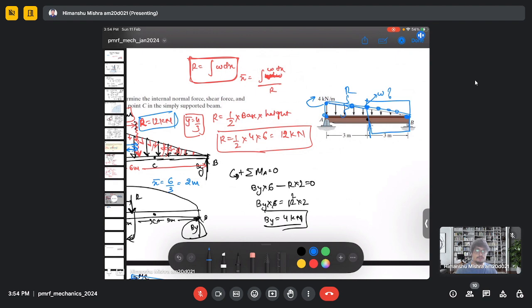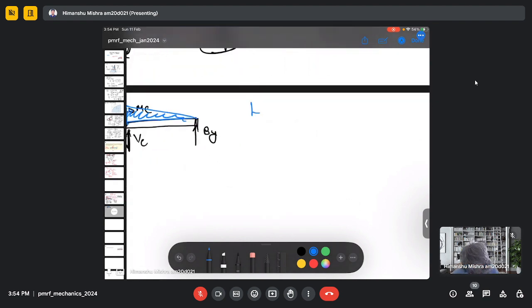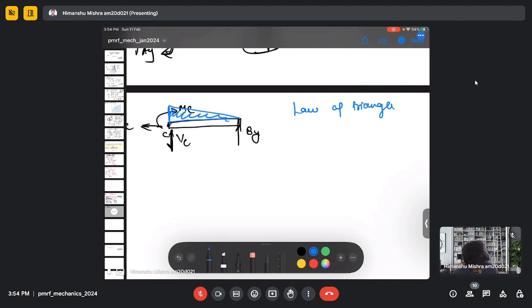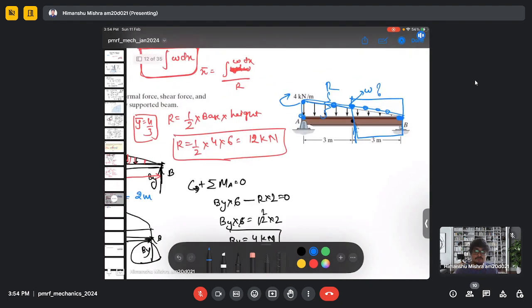So again, we will use the law of triangle, where we write the ratio of base and height of the triangle at different locations. So at A, it is 4 by 6, and at C, it is, let's say, WC by 3.